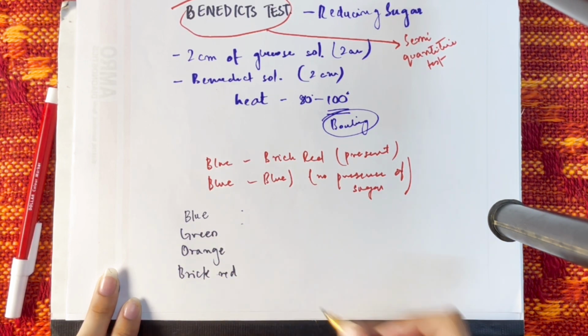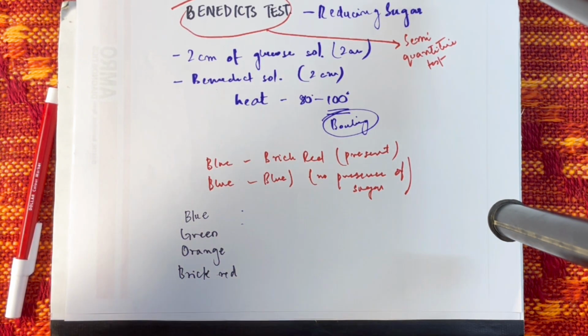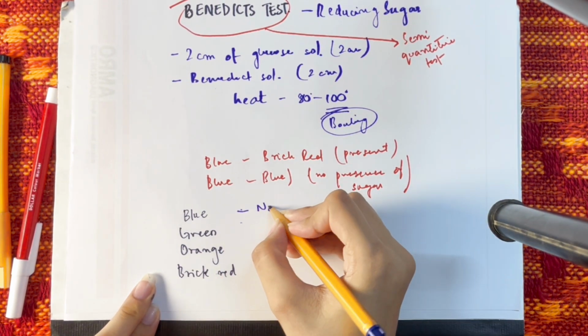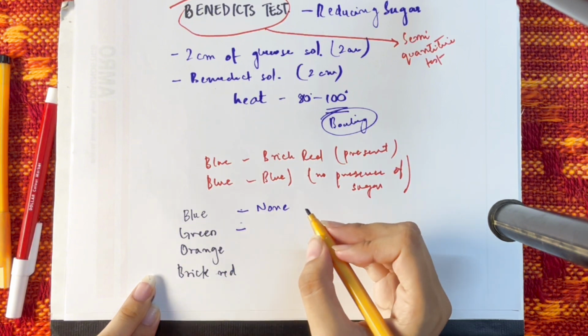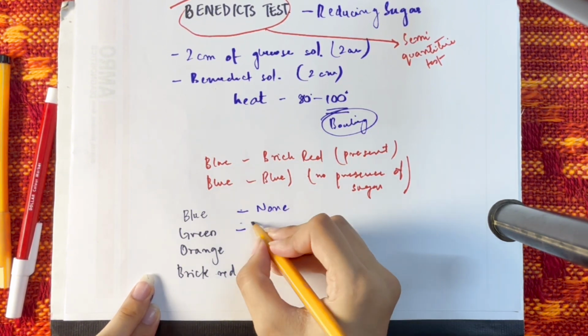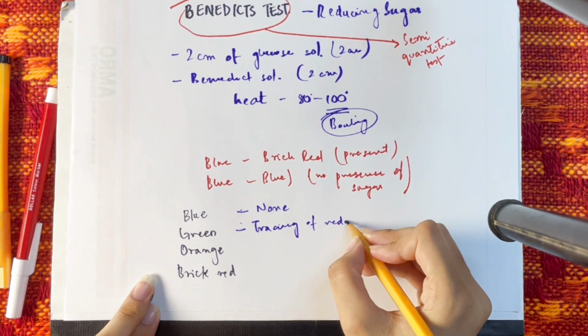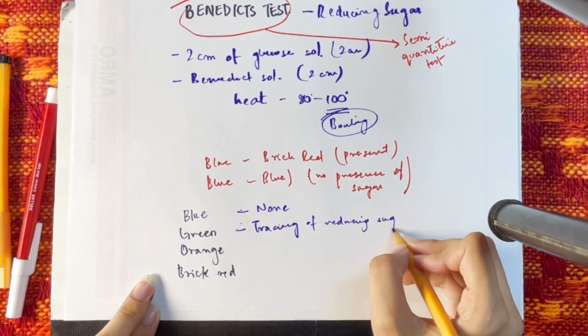At what color, what situation is taking place? Let's learn about it. When a solution remains blue, there is no presence of reducing sugar. When it turns green, there is a trace of reducing sugar, not a large amount of sugar.